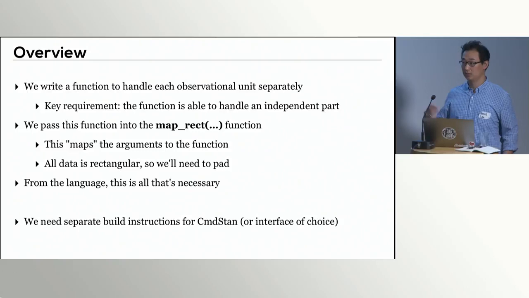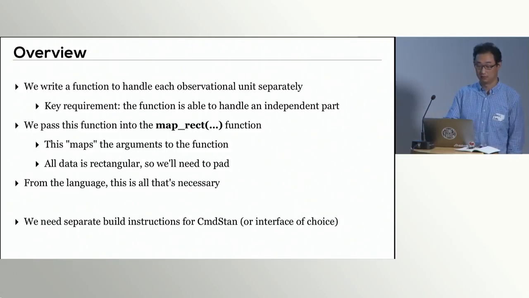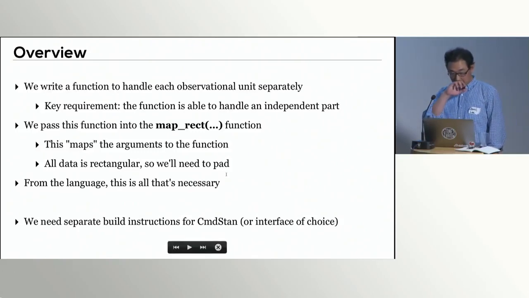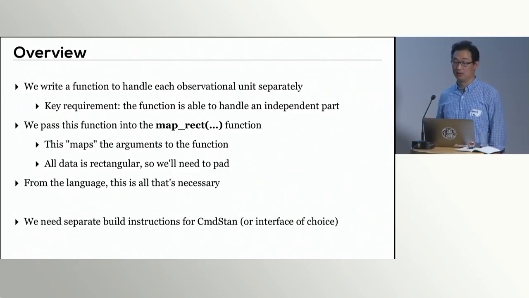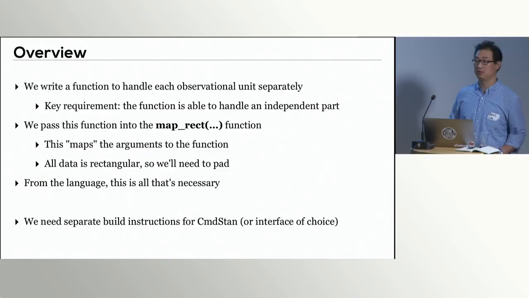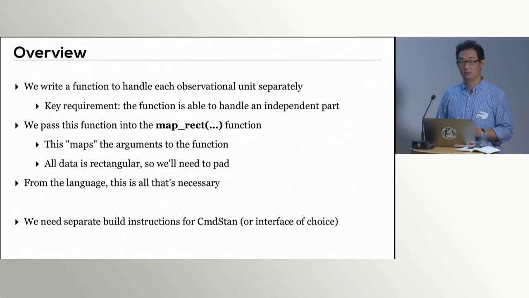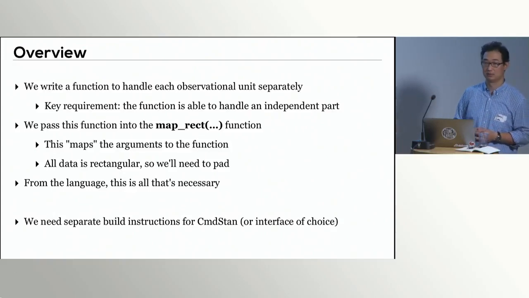So that's the level that we're going to loop over. We're going to pass that function into the map_rect function. And what this does is it's going to do a map-reduce type of thing where it'll map all the arguments in there and pass it off, and hopefully be able to run each of those things independently on separate cores or on separate boxes if necessary.